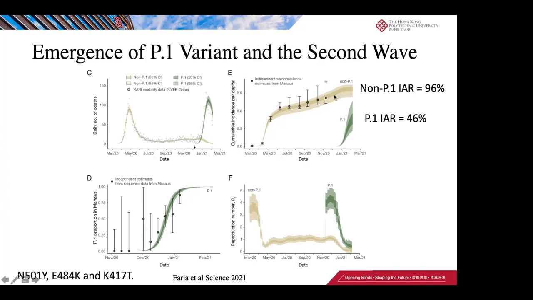These bands are their model, and this is for the P1 strain. Basically, 95% of the population were infected by the previous strain, and here close to 50% infected by the second strain, and this is R0.